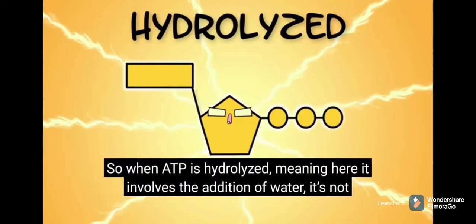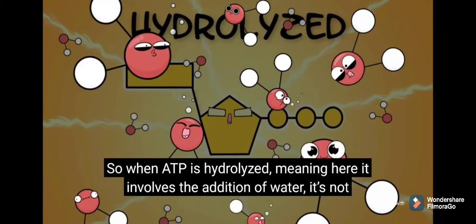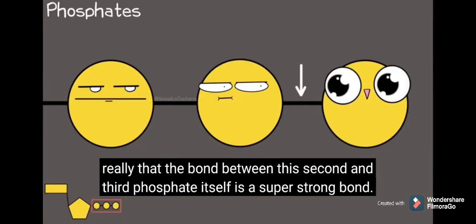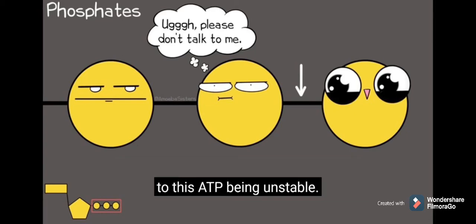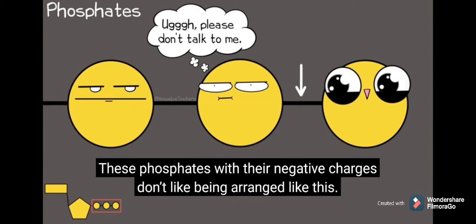So when ATP is hydrolyzed, meaning water is involved, it's not really that the bond between the second and third phosphate is itself a super strong bond. It's actually more that the phosphates, with their negative charges, contribute to ATP being unstable, like being held in a compressed state.